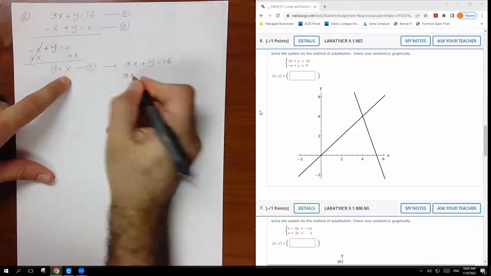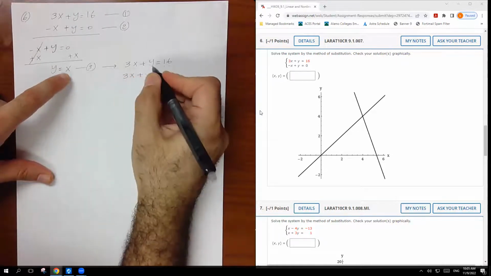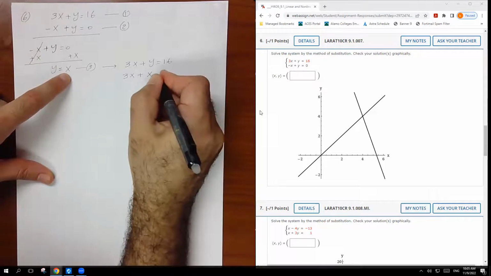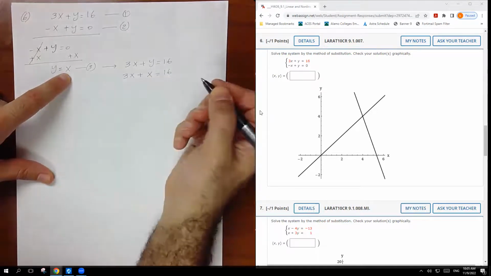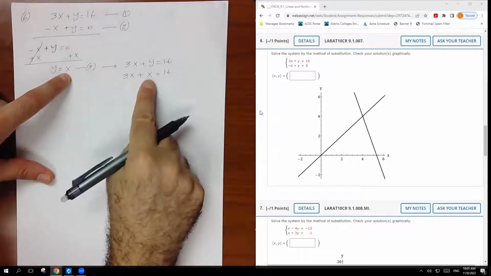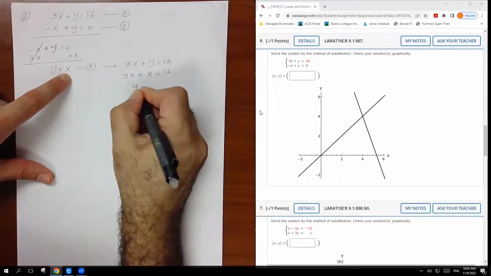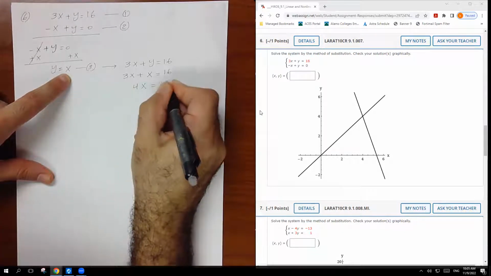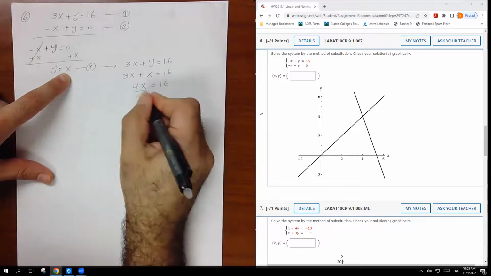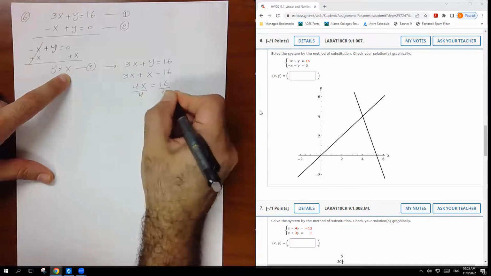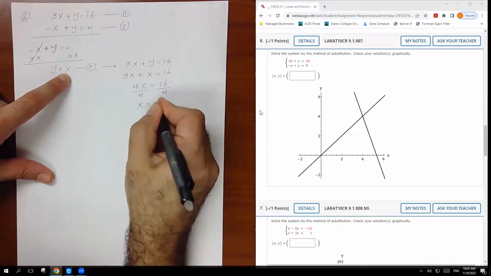So 3x plus x equals 16. Now 3x plus x is 4x equals 16. Divide both sides by 4. That means x is equal to 4.